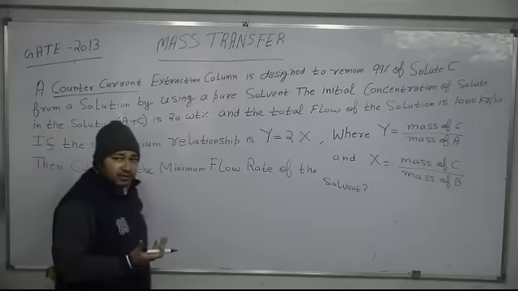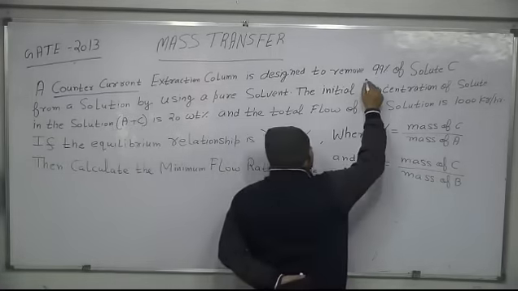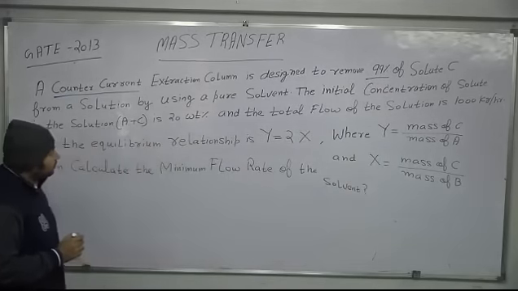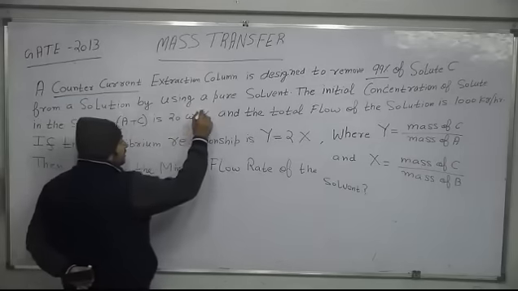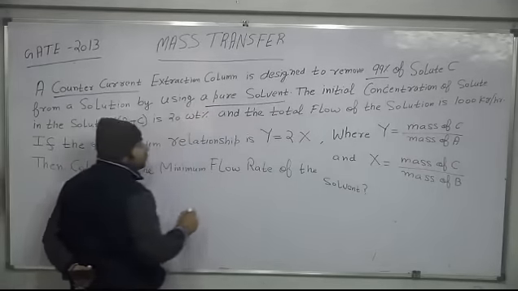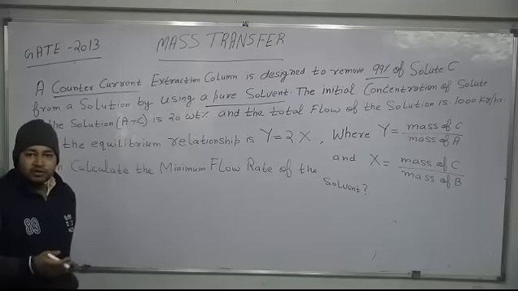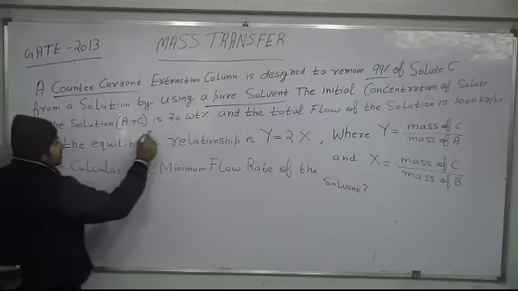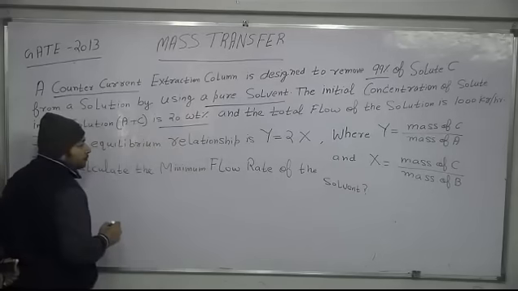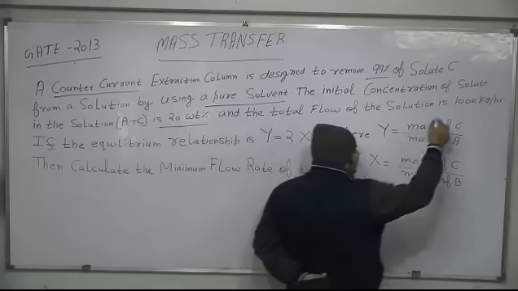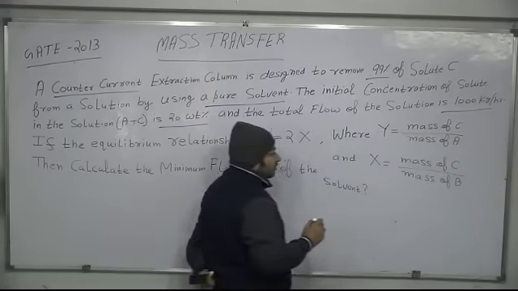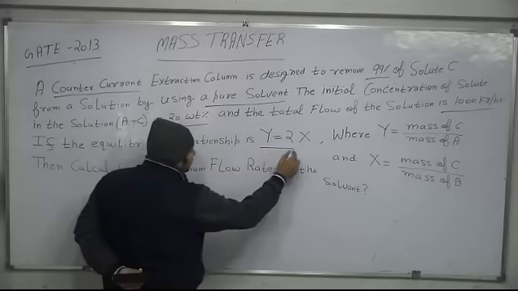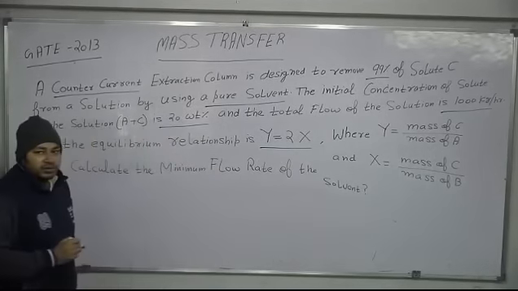The recovery that we require is 99% of solute C. And the third important thing is pure solvent, meaning the solvent we are using is free from the solute. Again, the initial concentration of C is given and the total flow rate of the solution is also given. And then the equilibrium line is given as y equals 2x.